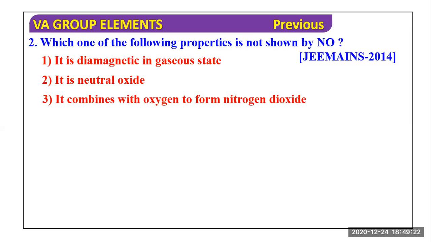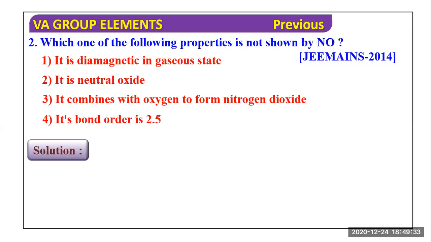Bond order, what is the bond order? Bond order means half into bonding electrons minus antibonding electrons. So which of the following properties is not shown by NO?